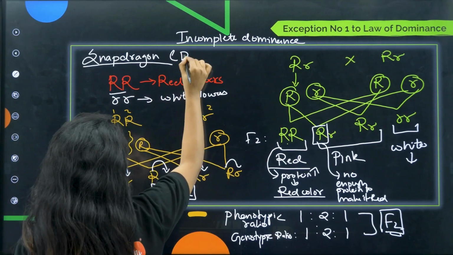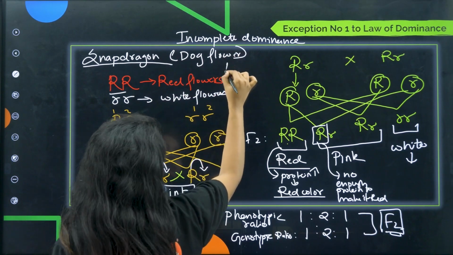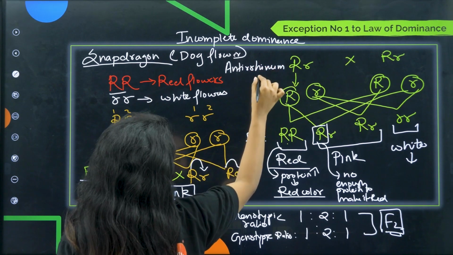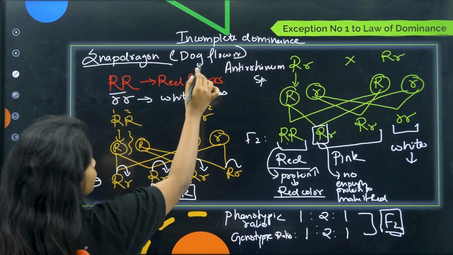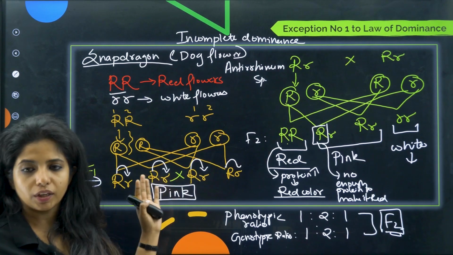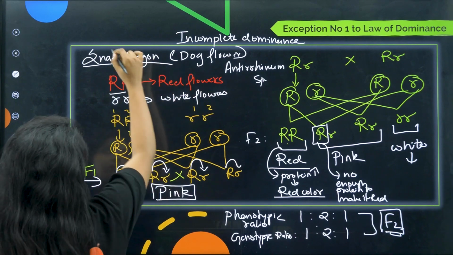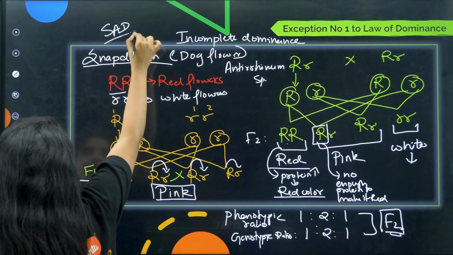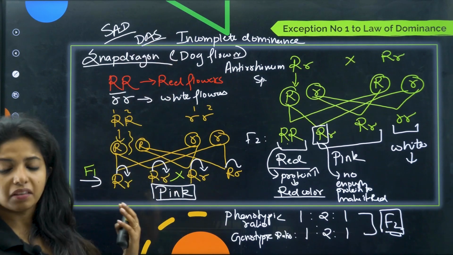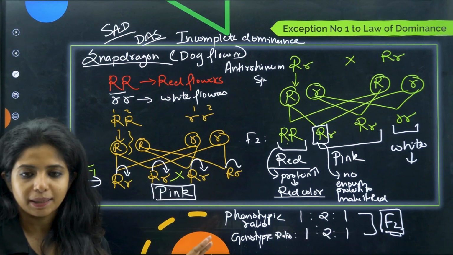You have dog flower, or you also call it Antirrhinum species. Snapdragon, dog flower, Antirrhinum, same thing. You can make a mnemonic out of it, like SAD or DAS, whatever you want. Snapdragon, dog flower, Antirrhinum, all of them are the same.